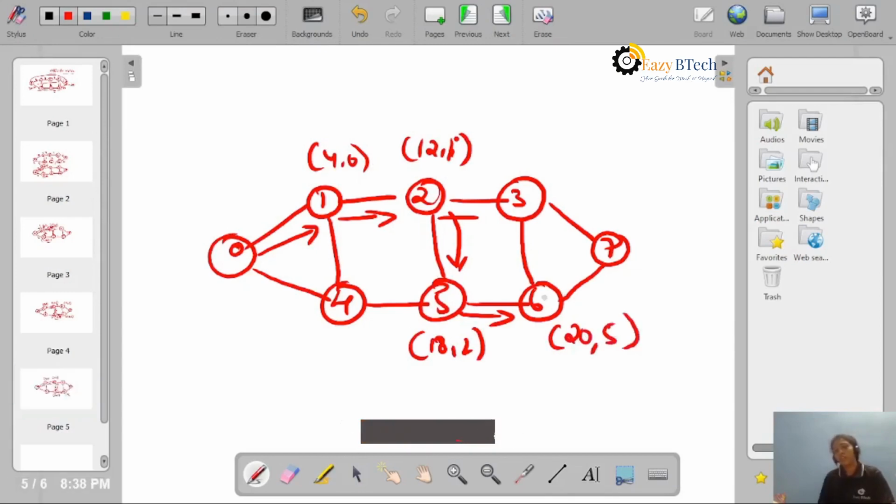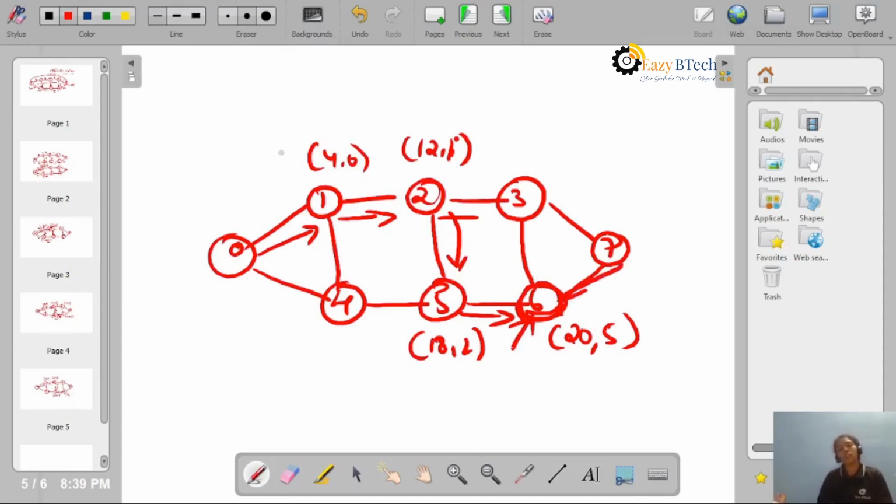So from 6 we have to find the next adjacent vertices. We can consider 6 as the source vertex to find the next node distance. So we have only one node, that is 6 to 7.